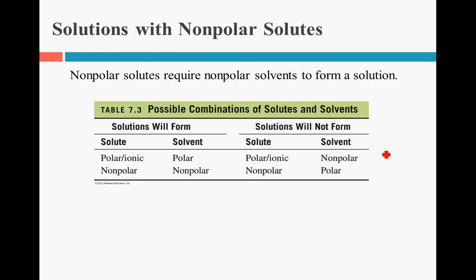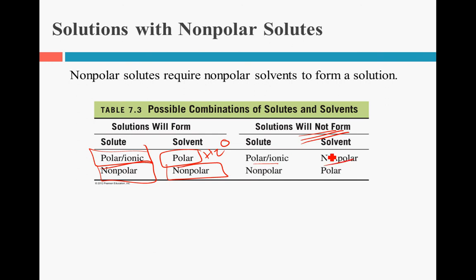So, in other words, if you have a polar solvent such as water, as an example, you can only dissolve a polar compound or an ionic compound. If you have a nonpolar solvent, it's going to be able to dissolve the nonpolar. You cannot dissolve a polar or ionic compound in a nonpolar thing.